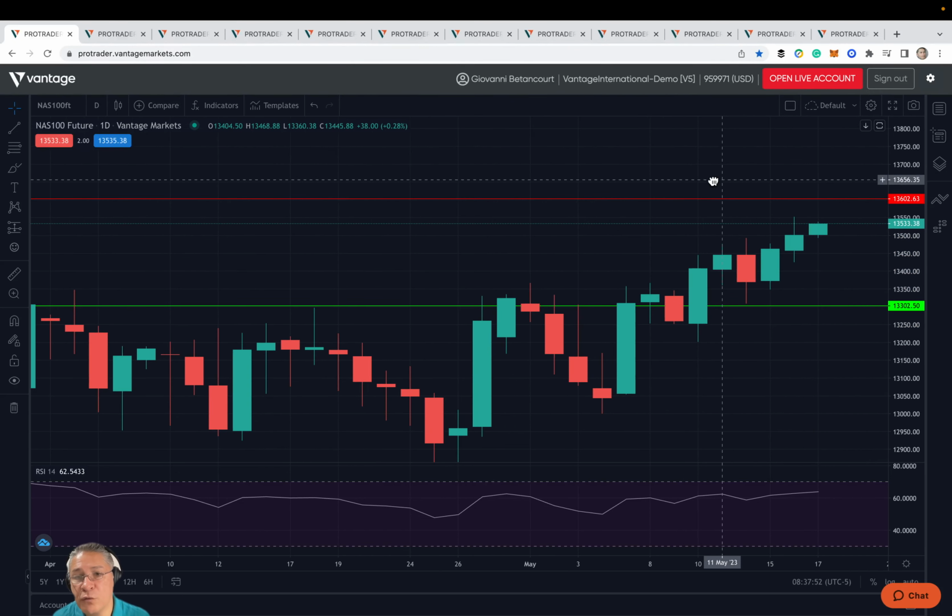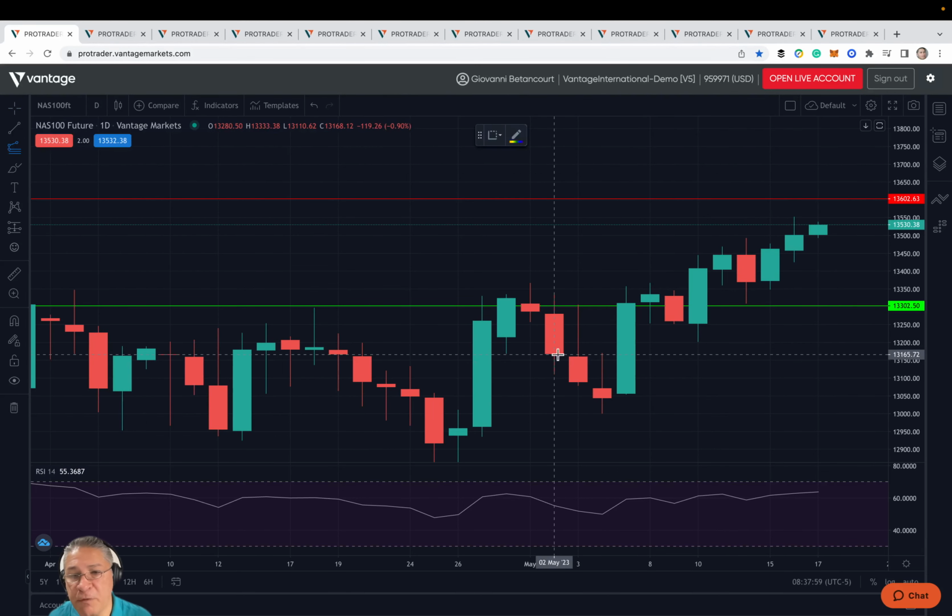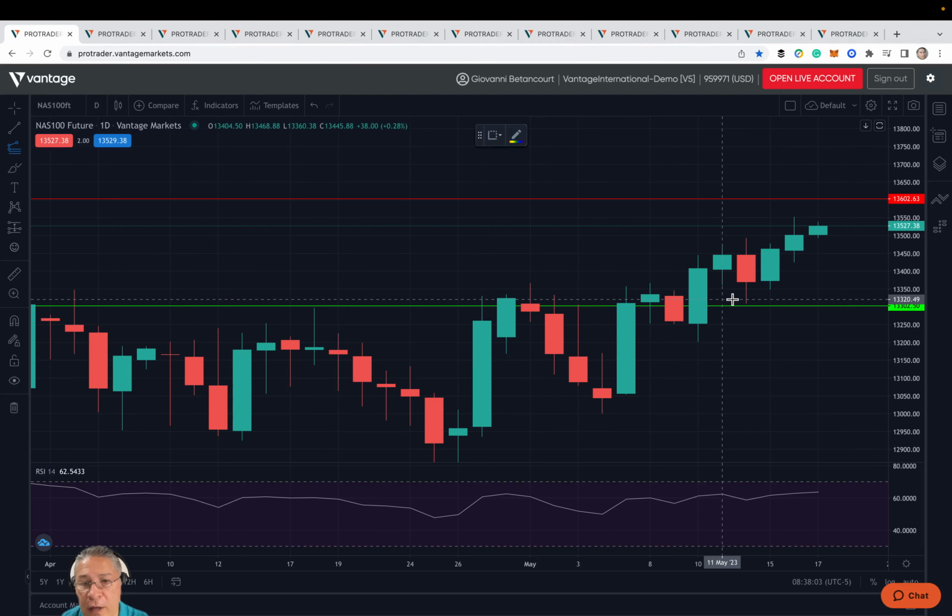Now, if the market continues making this movement to the upside, we can use the Fibonacci extension so that we can measure just how much of this movement could be. To make it shorter, we can use the movement from the 10th of May, or we can use the movement from the beginning of the month, the 4th of May.